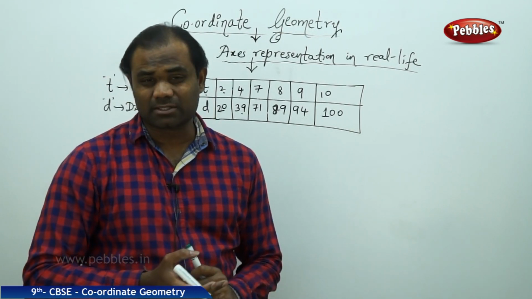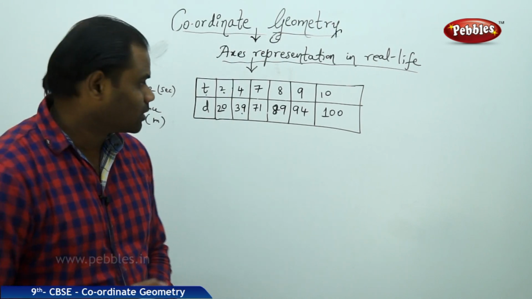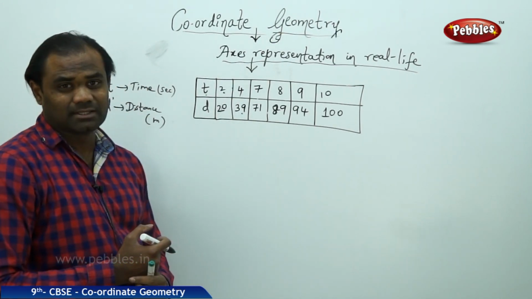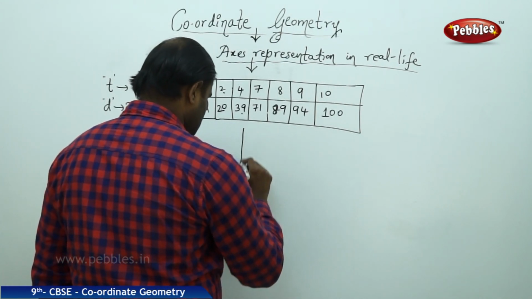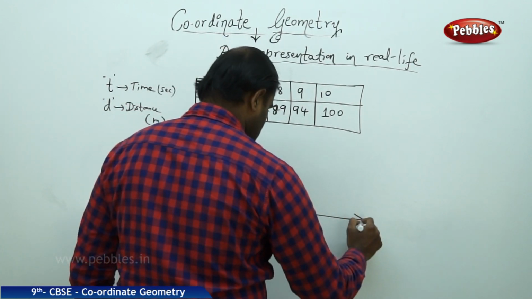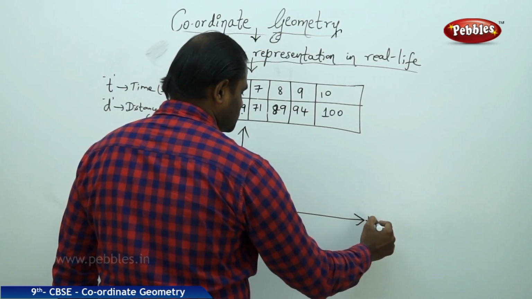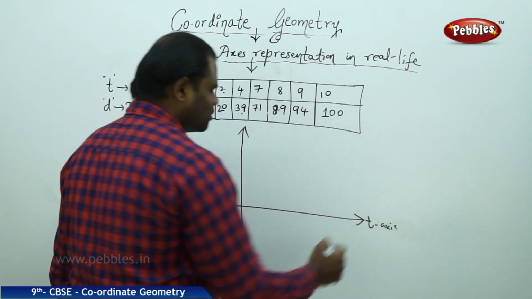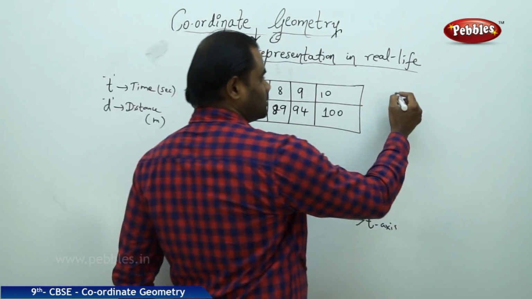How do you convert this into axis is the biggest question out here. In order to convert this into axis, we try to take this, which is called the t-axis because x-axis is now represented by the variable t.